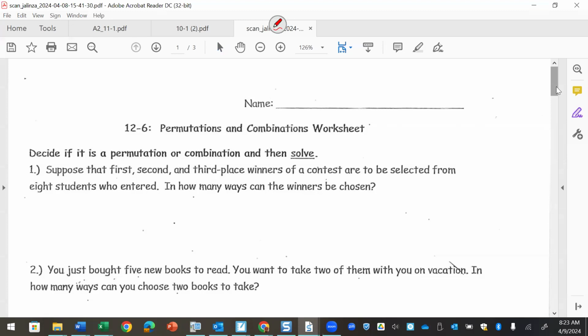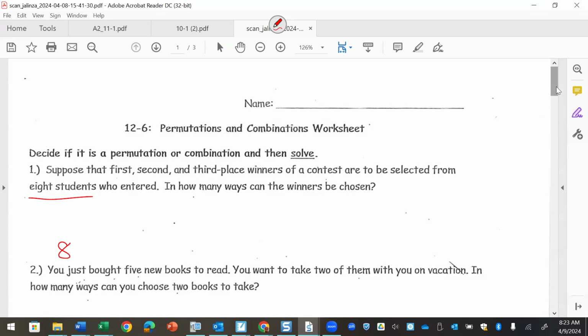Number 1 says, suppose that first, second, and third place winners of the contest are to be selected from 8 students. How many ways could the winners be chosen? How many are we choosing from? 8. Give me an argument. Do you think this is a permutation or a combination?